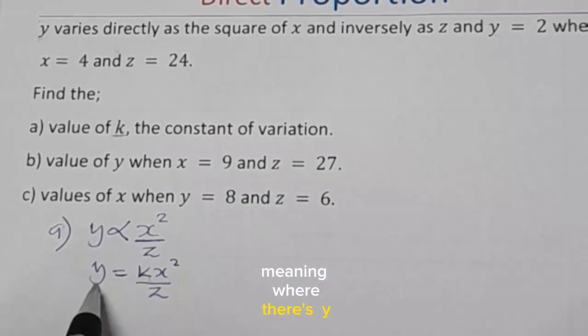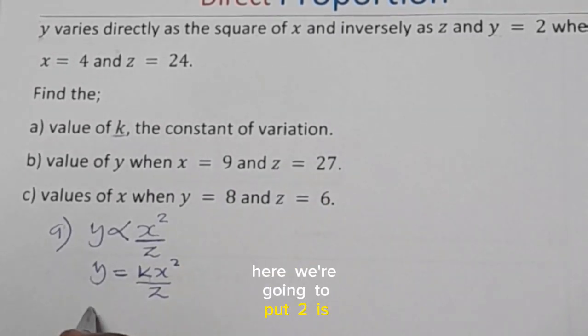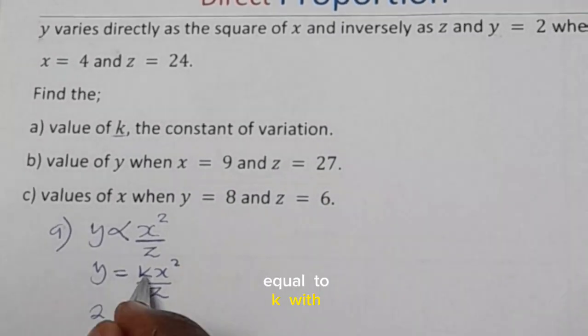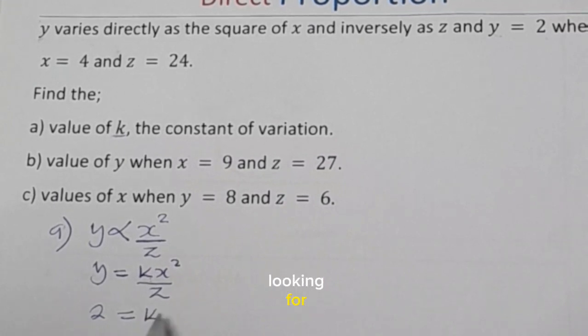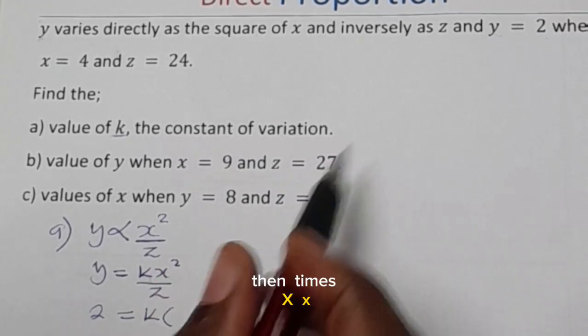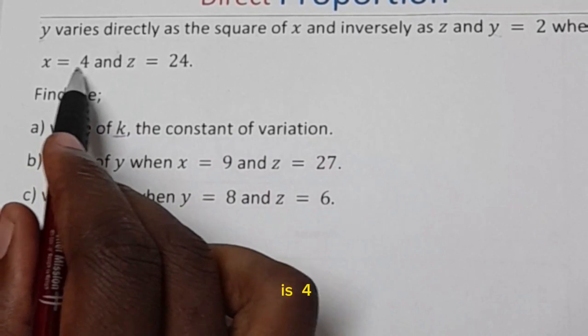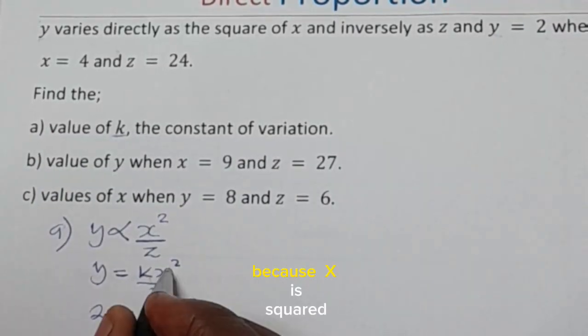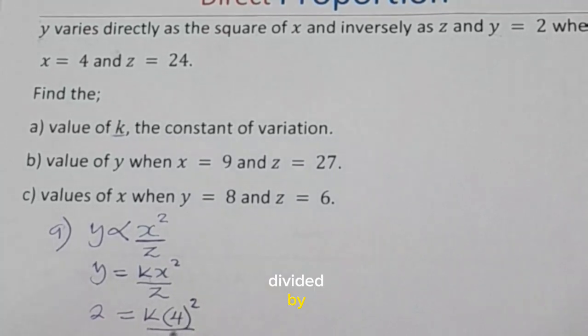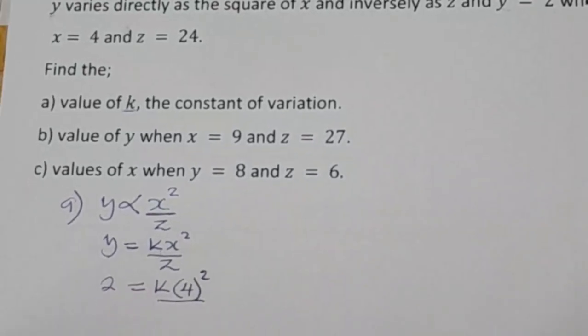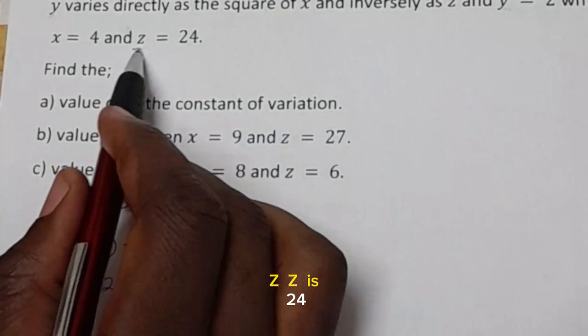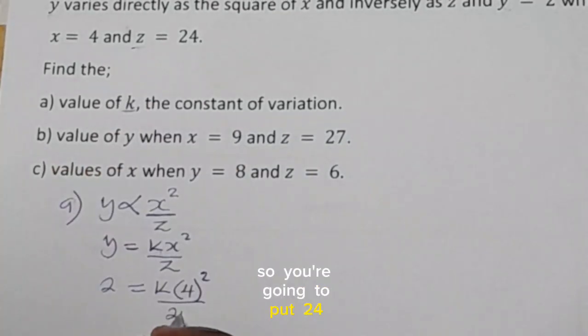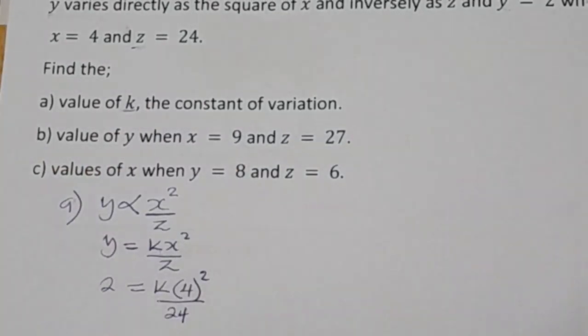They want you to find the value of this k when y is 2. So where there is y here, we are going to put 2, is equal to k, which is the one we are looking for, times x. They are saying x is 4, so you put 4 there, and squared because x is squared, divided by z. z is 24, so you put 24 here.